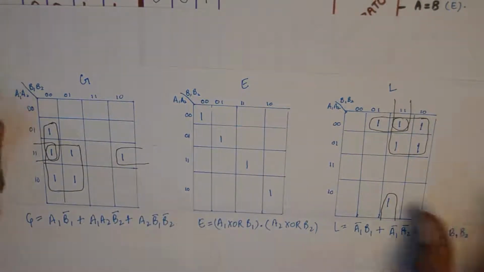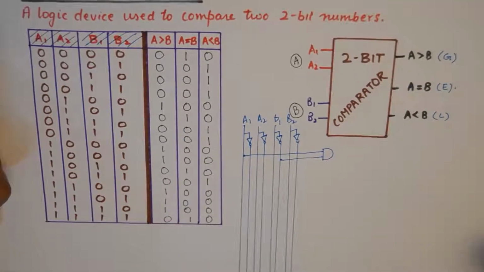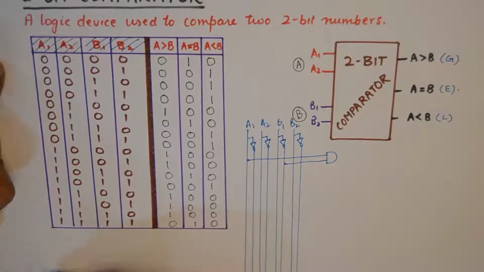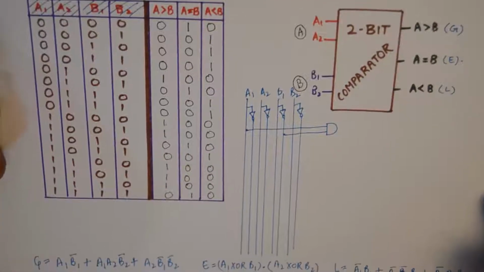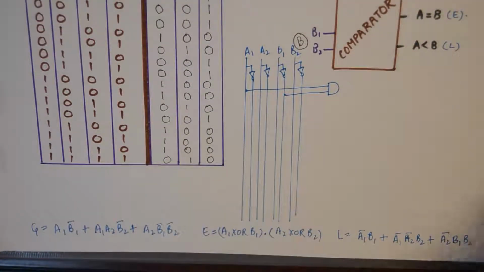So we have formulated the expressions for G, E and L. Now from these expressions we'll need to draw the circuit diagram.